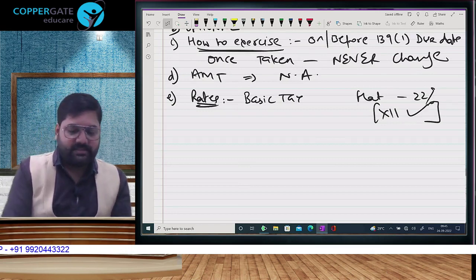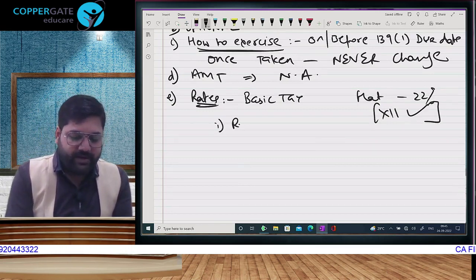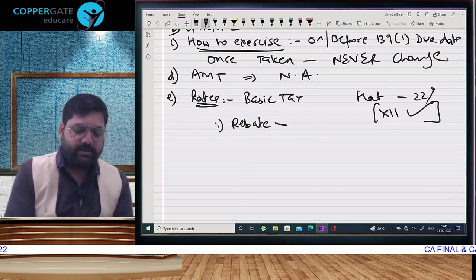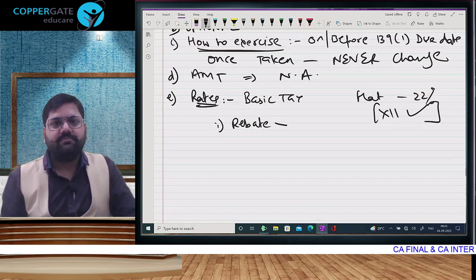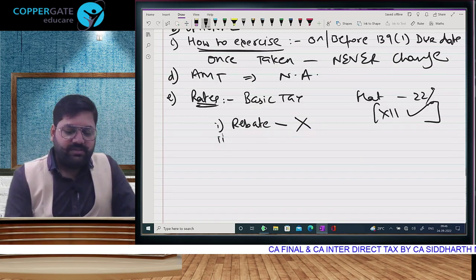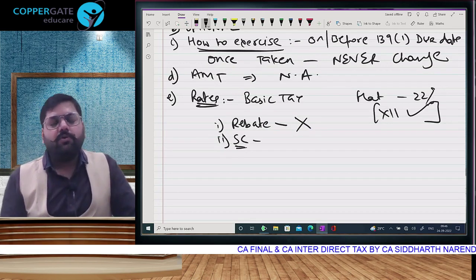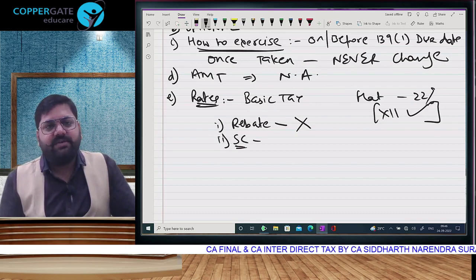After basic tax, what points do we learn? Point number 1, rebate. I will say or you will say? Why? Because rebate is only for individual. Second, surcharge. You remember in cooperative society old regime mein surcharge underwent an amendment.